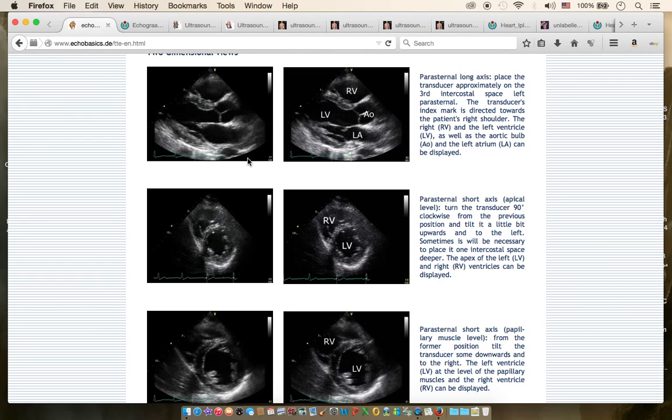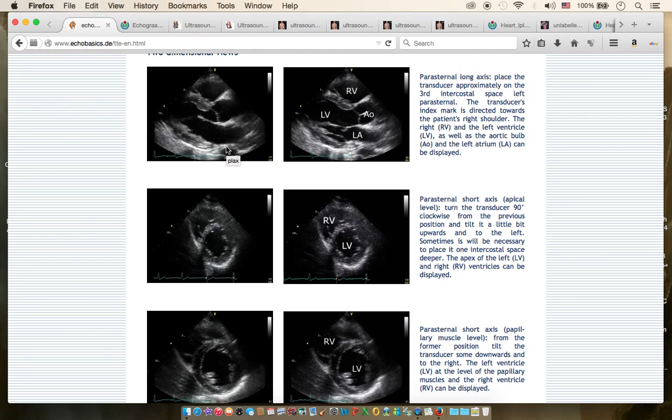And to be clearer and more oriented, we do what's called the M-mode echo. M-mode echo is a multiple view of the cardiac structures over multiple periods of the cardiac cycle, and you just record this in the echo.